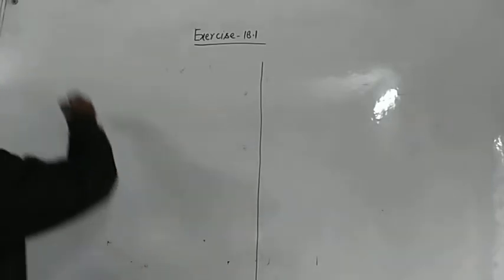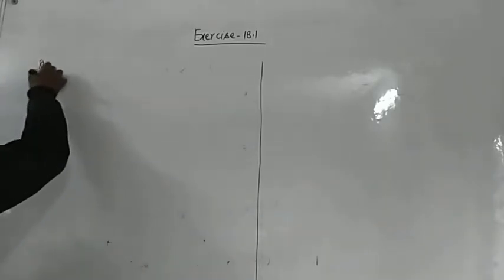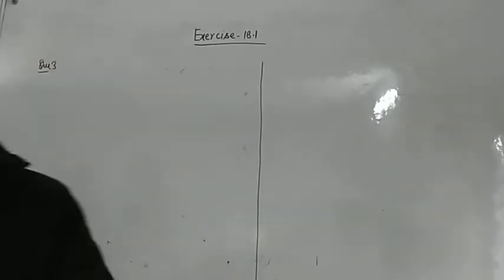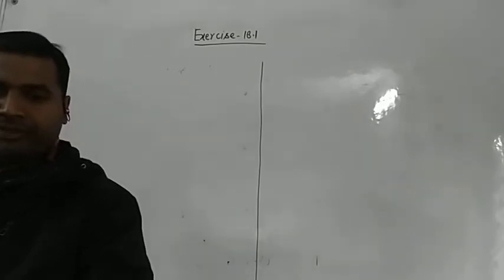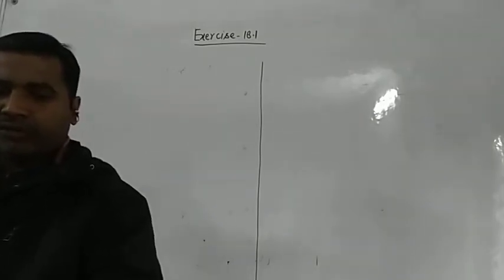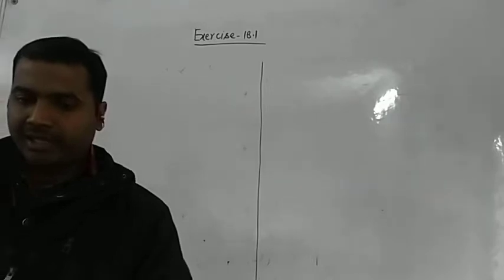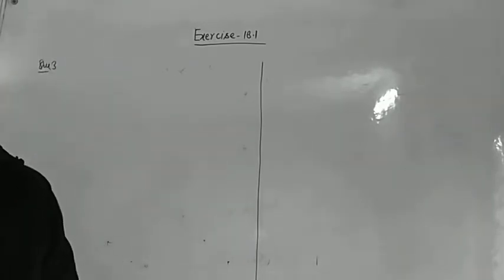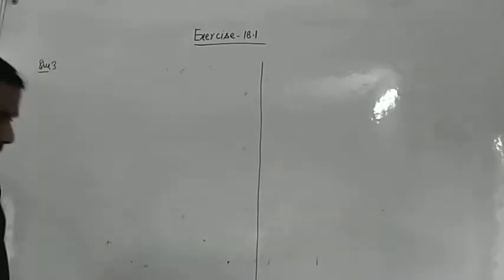Question number 3 says, if the curved surface area of a solid right circular cylinder of height h and radius r is 1/3 of total surface area, then find the height.